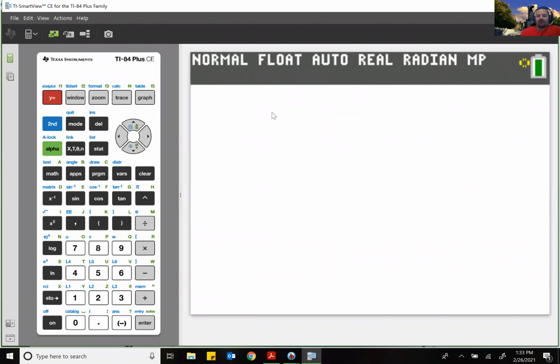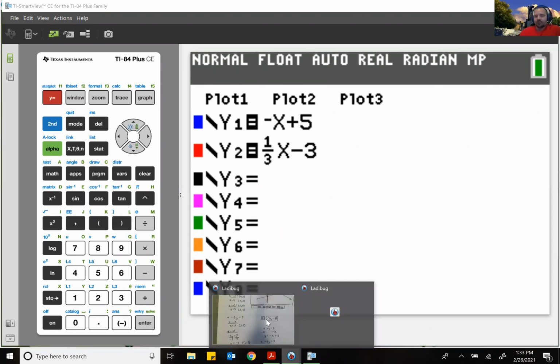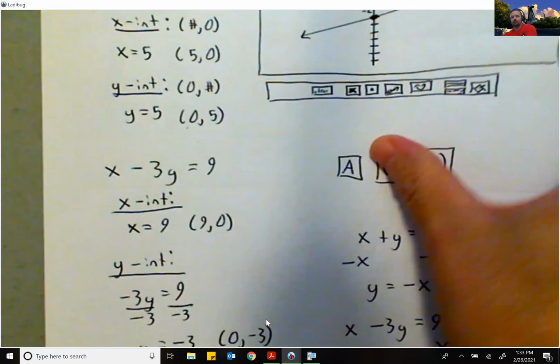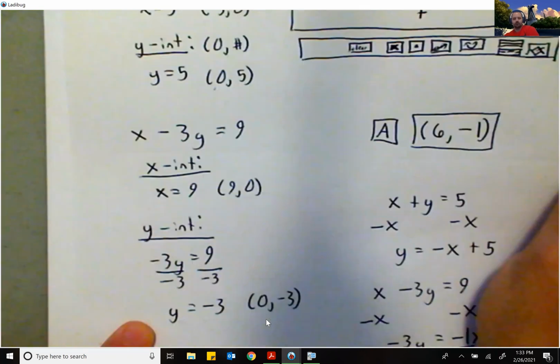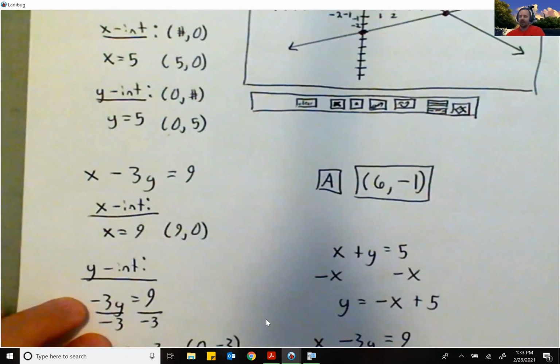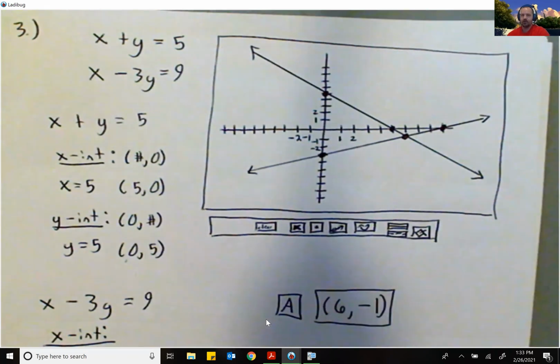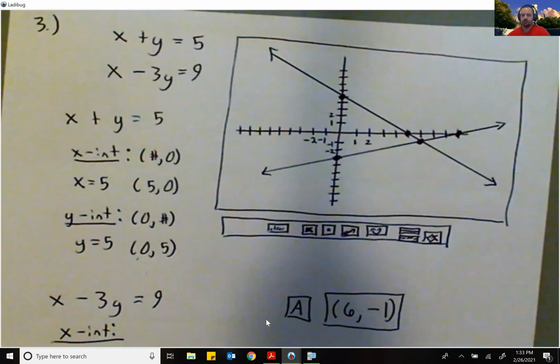So I could use my graphing calculator to help me find 2 points that I could use to graph. What I'm trying to say is you don't always have to do all this work. Okay, there are faster methods, more efficient methods. But in the end, you have to make a graph and you got to find the intersection. Any questions on number 3?